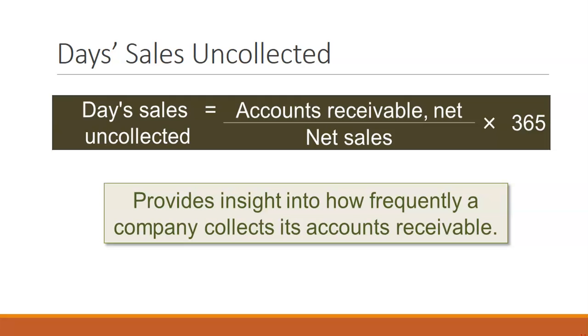Some accounting textbooks or accounting transactions use the accounting year, which is 360 days. Your book and Connect will tell you how many days you should use, whether it's 365 days or 360 days.